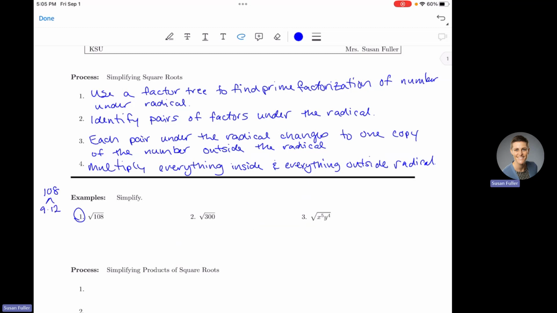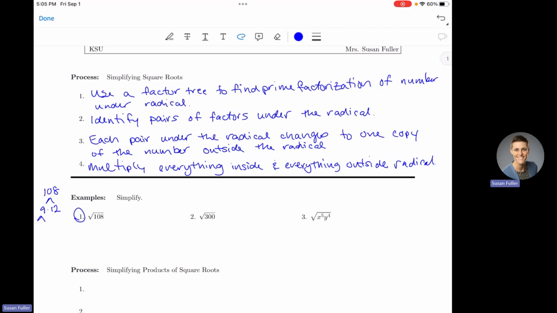So now that I've broken 108 into a product of two numbers, I'm going to now look at each number at the end of the branch to see if it can be broken down further. And if it's just 1 and itself, you're done. If it's anything else other than 1 and itself, then you can break it down however you like.